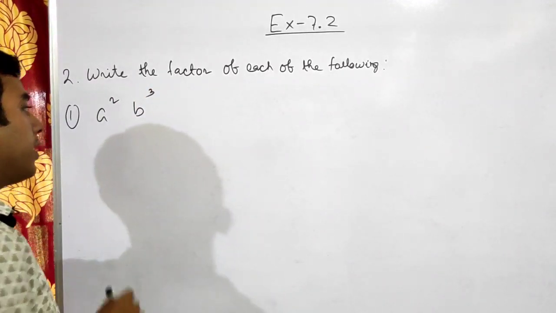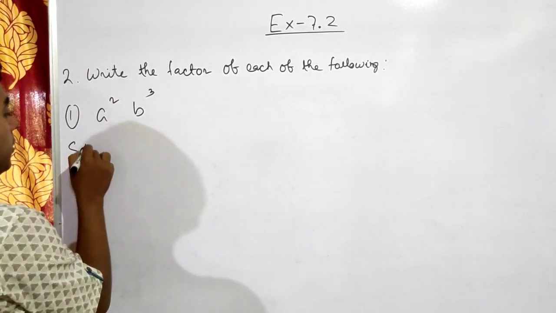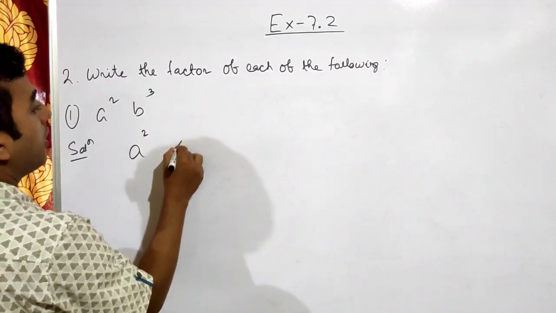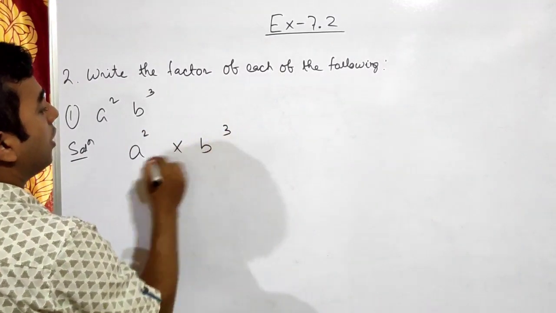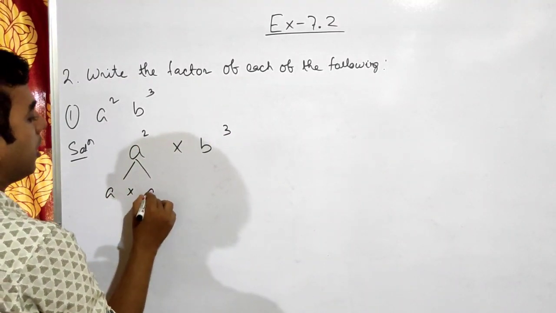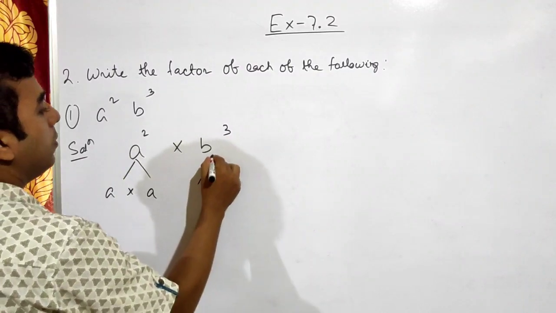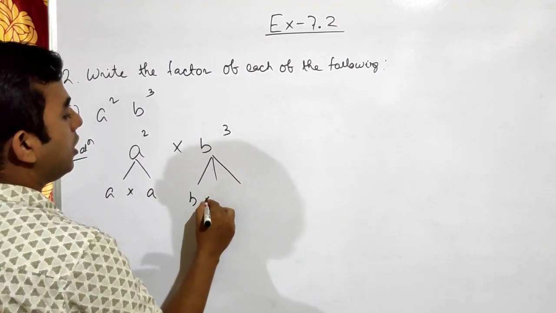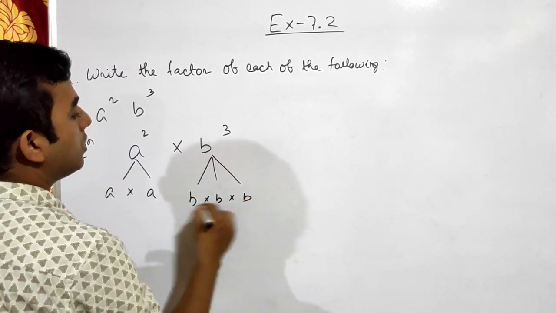So as I told you earlier, split it. It can be written like this, isn't it? A square into b cube. Now a square means what? A into a. Now b cube means what? B into b into b, isn't it?